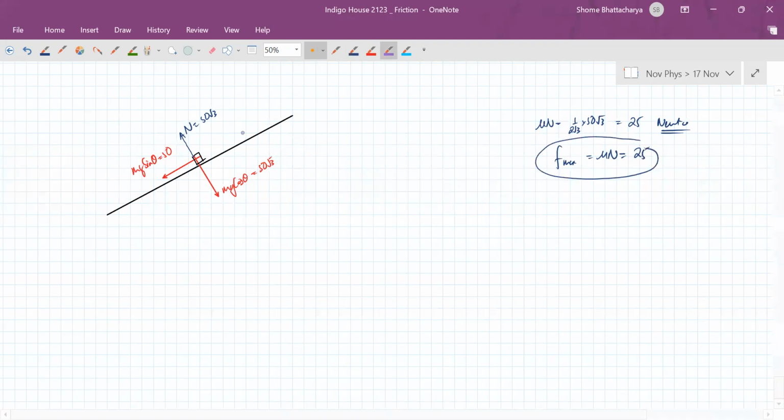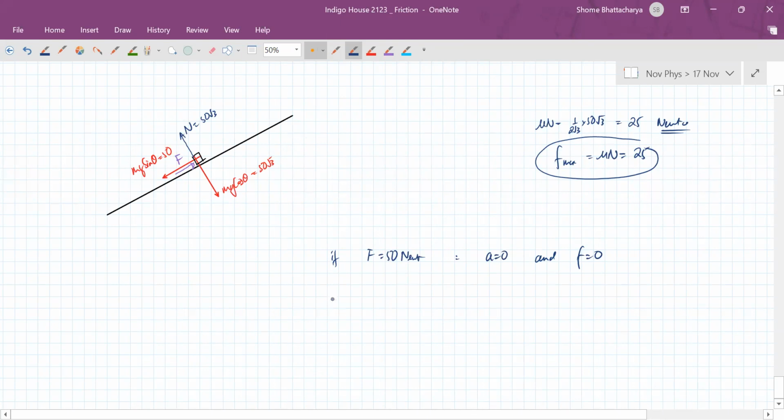So now when we apply a force like this, pushing this object with an external force, there are several possibilities. For example, if F is exactly 50 newtons, then the acceleration of the block will be 0 and there won't be any friction acting because there's no tendency to slip.